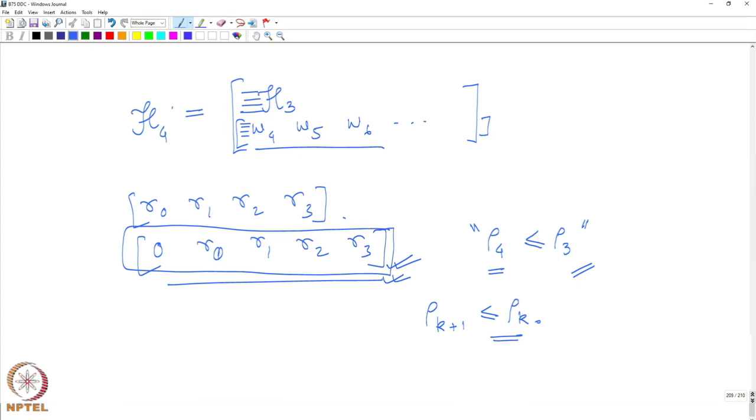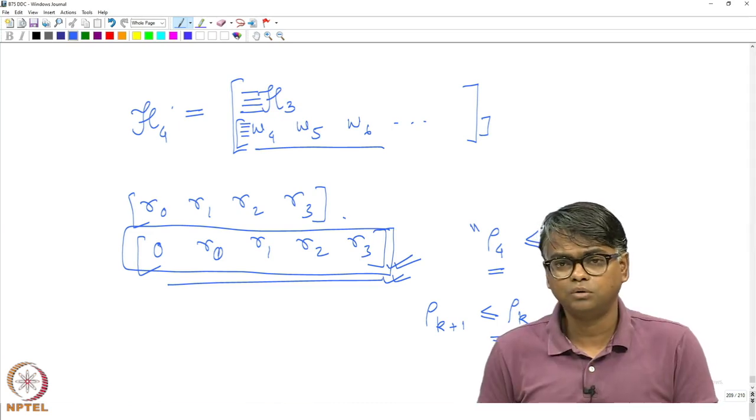If they are the only fourth degree annihilators, then rho 4 is exactly equal to rho 3. That means the increment that I see in the rank of H4 is the same as the increment that I had seen in the rank of H3 from H2, because I am not getting any new fourth order equations, any new fourth degree annihilators. The moment I get new fourth degree annihilators, this rho 4 will be strictly less than rho 3.